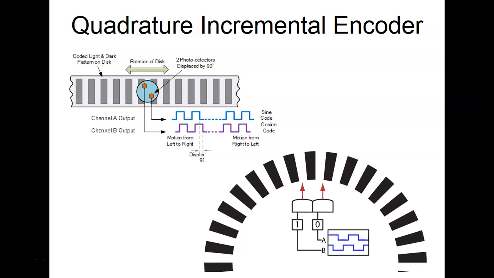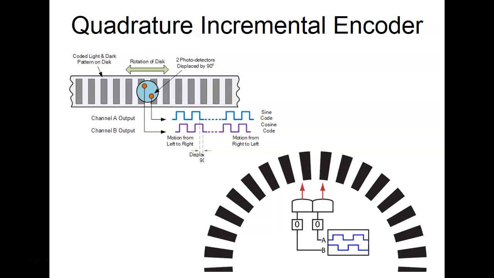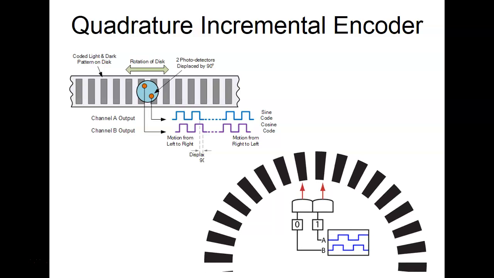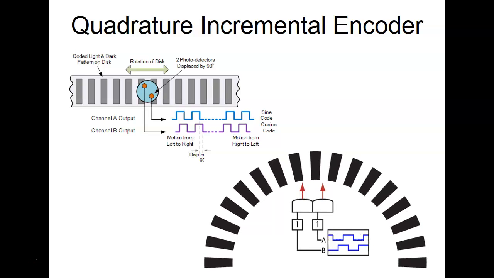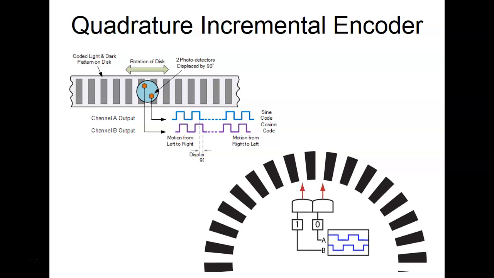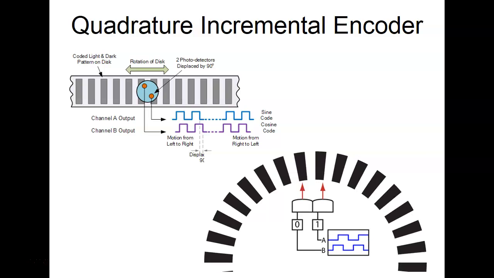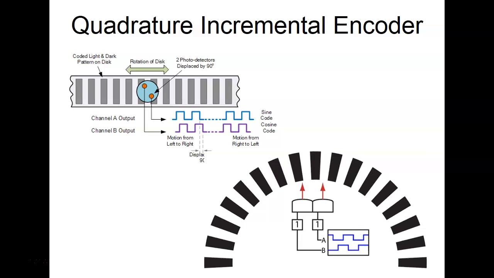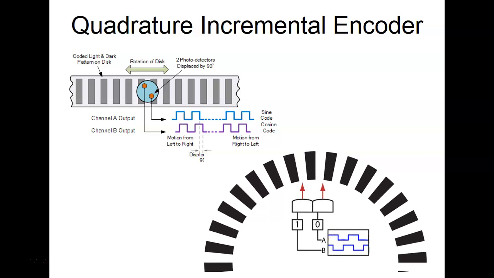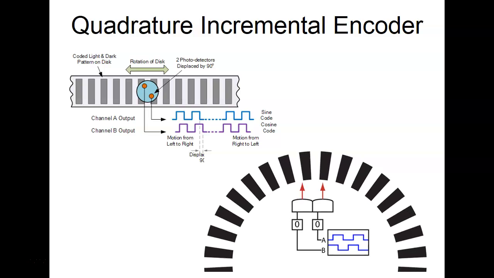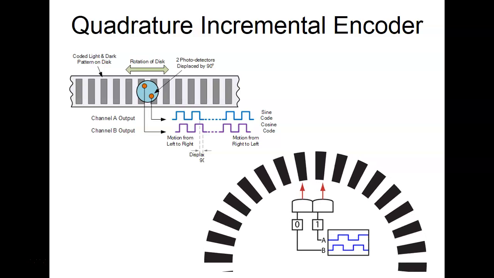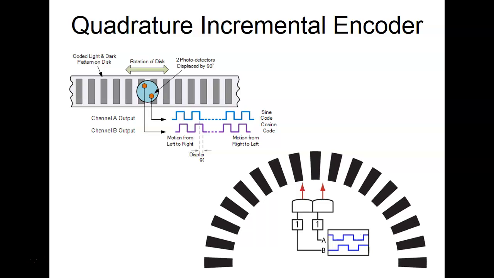What's nice about a program is you can vary it, but the program counters inside of a PLC cannot keep up with these incremental encoders. So all your PLCs now have what they call high-speed counters, which they've gone back to hardware. They have hardware counters in there, primarily to keep up with these things.